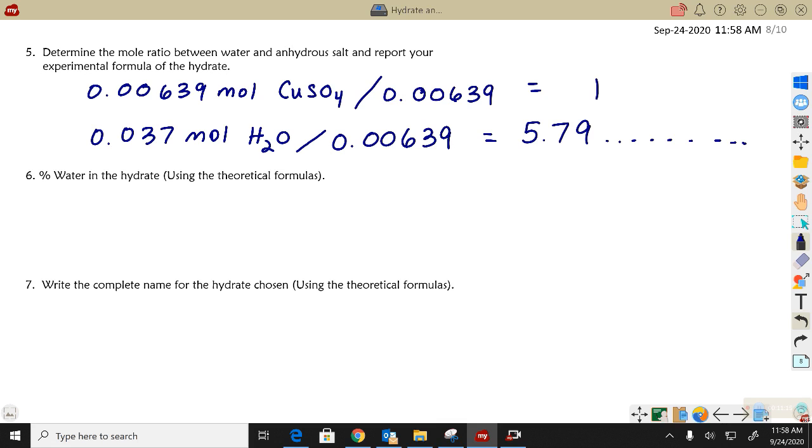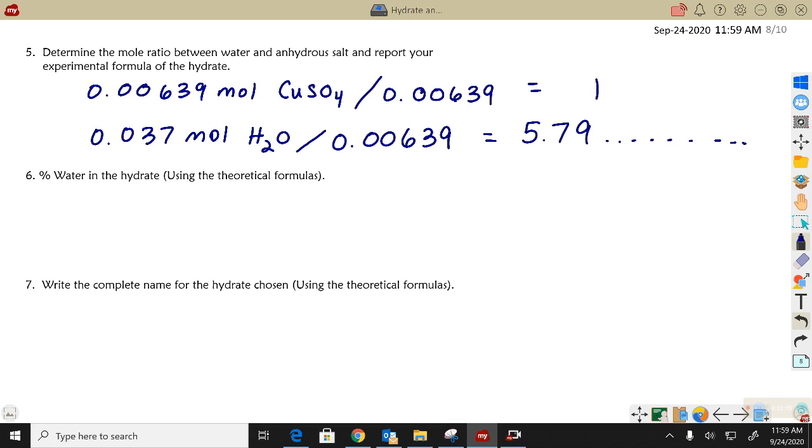Now, when we were finding empirical formulas, we said, okay, most of the time you'll probably get whole numbers at this point, and if not, maybe you get like a 0.5. And then to keep the integrity of the ratio, we could just multiply both by 2. Or if you got a 0.33333 repeating, you could multiply both by 3. Well, here's the problem. We've got lab data that's errored. I mean, the lab data could be flawed.